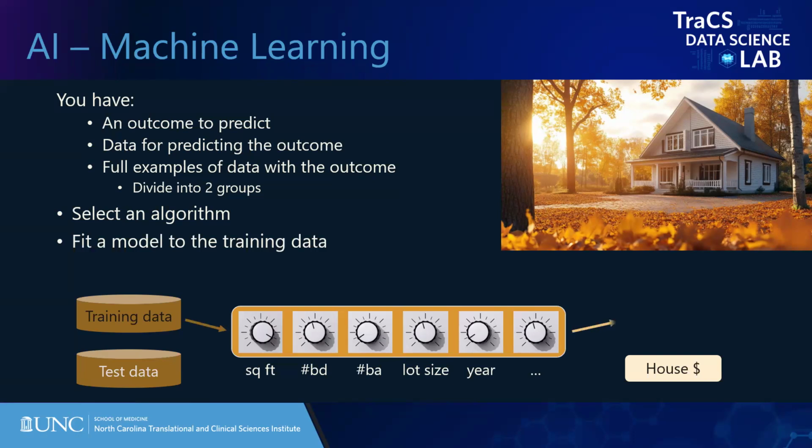So when we then fit a model to the training data, we're taking those examples in the training data and letting the algorithm figure out how to adjust all those knobs, how to weight and use all of the features you give it to come up with a predicted house price that is as close as it can be to the actual house price. So just to say that again, the algorithm is using the training data to learn how to turn the input data into predicted outcomes that are close to the real outcomes.